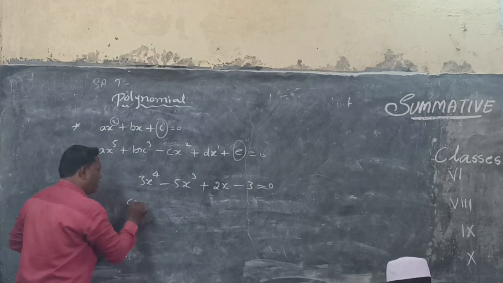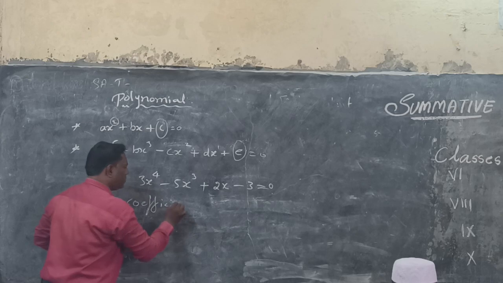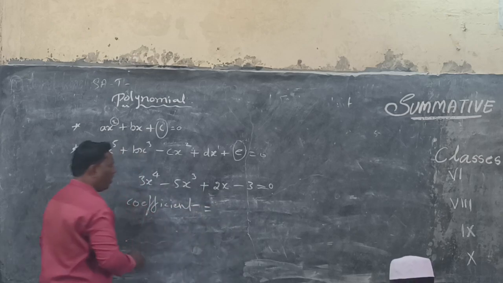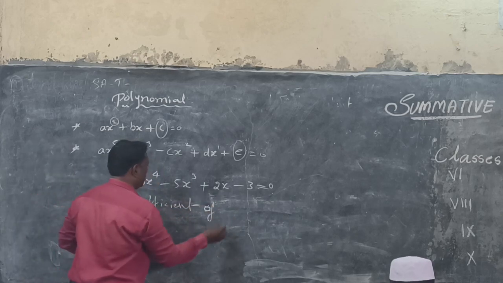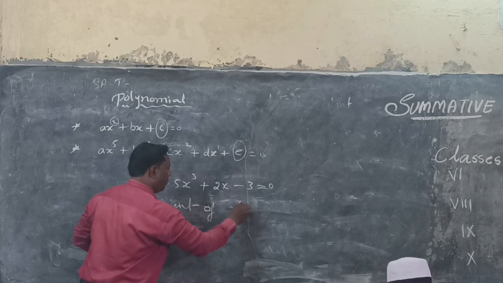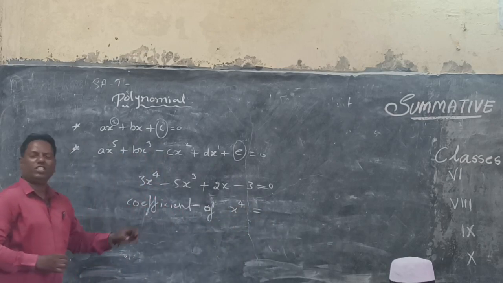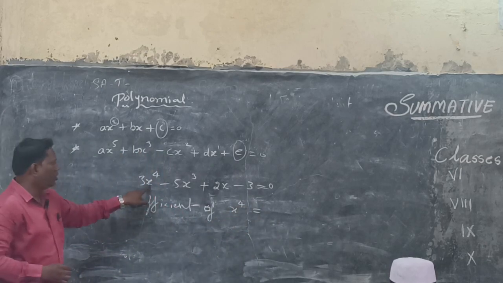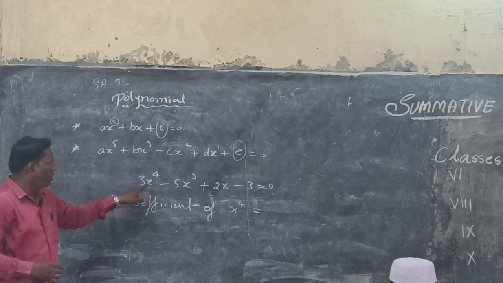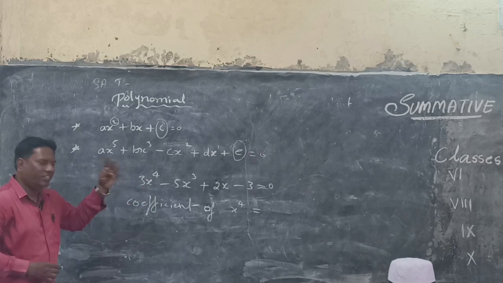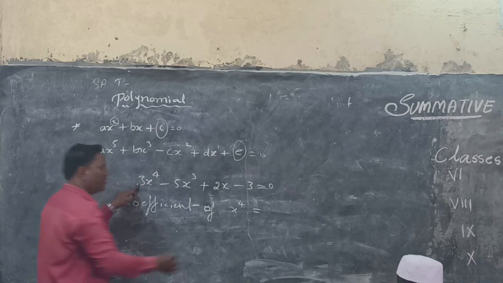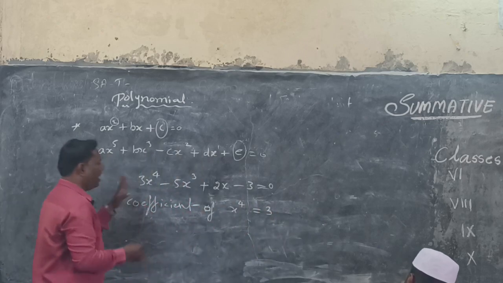And the next question: what is the coefficient of x to the power of 4? Why? Because how many x to the power of 4 are there? 3. So you have to write 3 here.